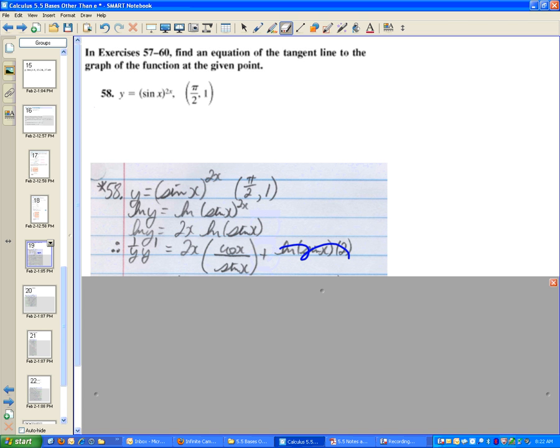Follow me on the first half of the product rule? So then plus the second function, the natural log of the sine of x, times the derivative of the first. And the derivative of 2x is 2.